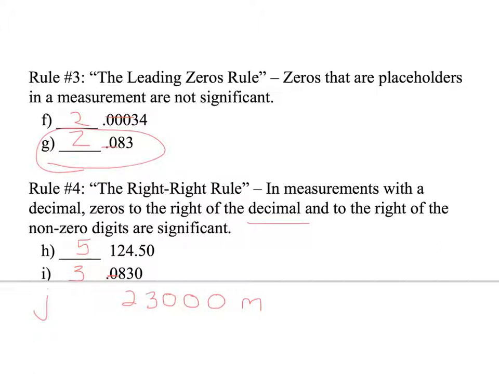Since there's no decimal place, these zeros are not significant. We only have 2 significant digits in our measurement. So these values were not seen or estimated as graduations on our instrument, but instead, again, they are placeholders. They're showing us the size of the value of our measurement.